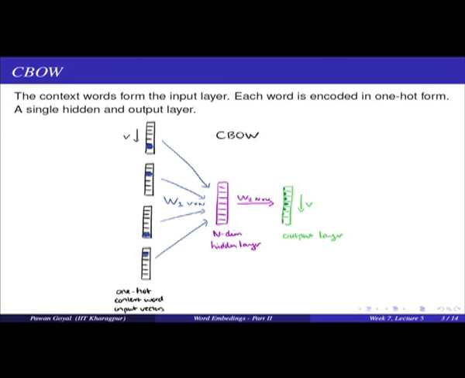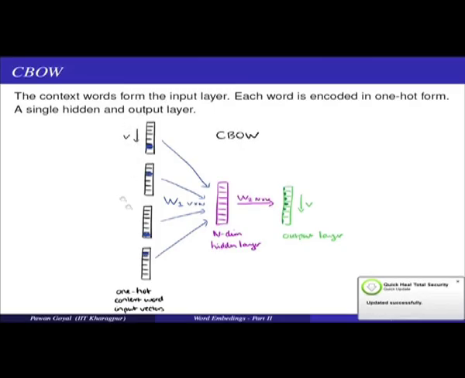This is some sort of network representation of how the learning will take place. You are seeing here that in the input you have various column vectors. What do I mean by this? What you are doing is putting in one-hot encoding as the input.